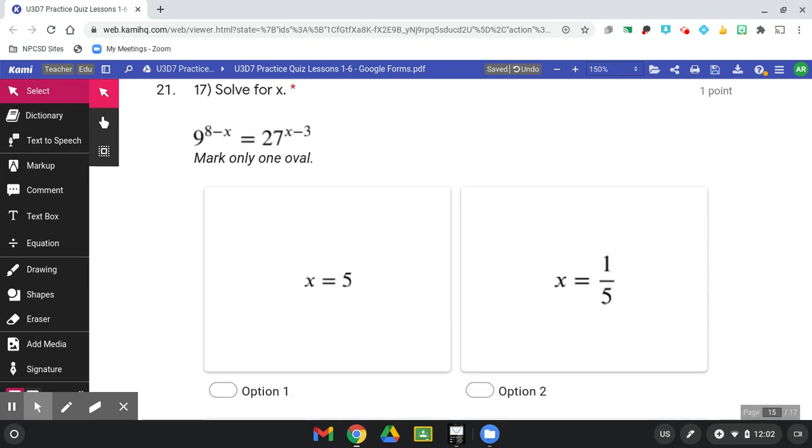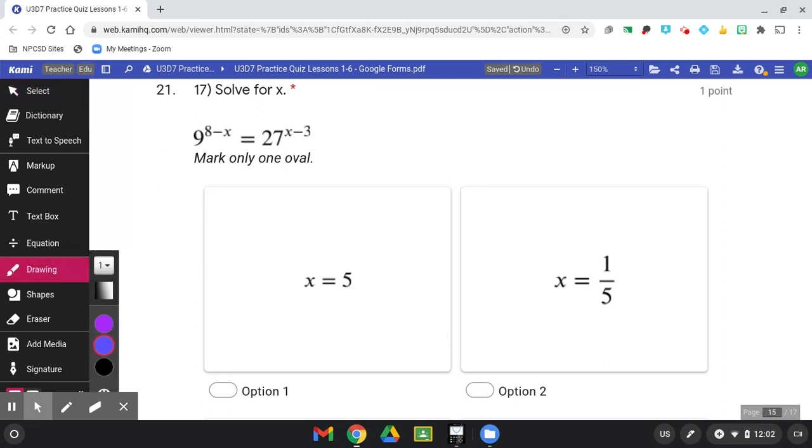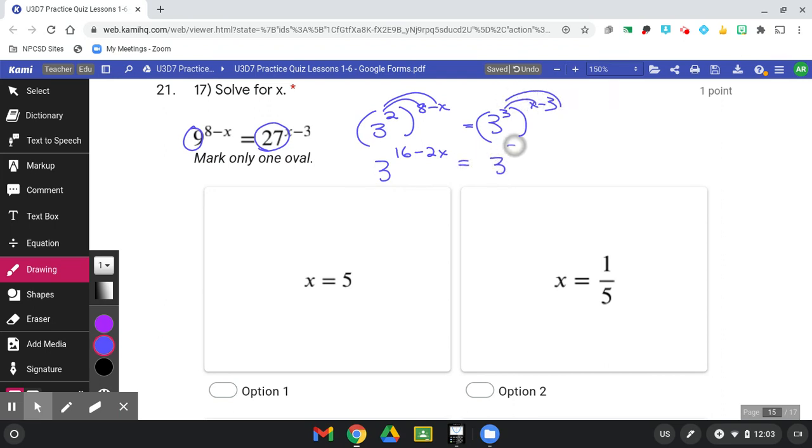Okay, now here, I don't have common bases. I have to rewrite these using common bases. So my 9, I'm going to rewrite as 3 squared, and then I still have my exponent. 27 is 3 cubed, and I still have that exponent. Now I'm going to distribute, so I have 3 to the 16 minus 2x on this side, and I have 3 to the 3x minus 9 on this side.